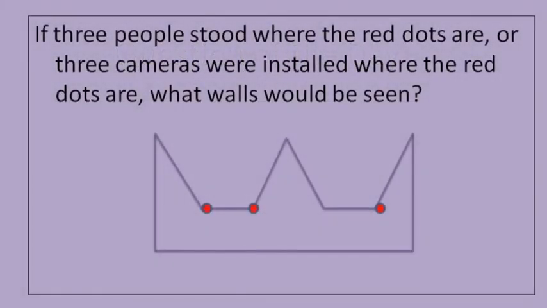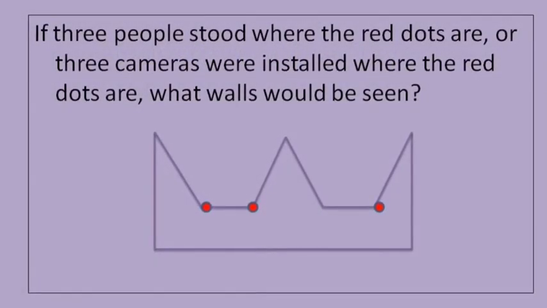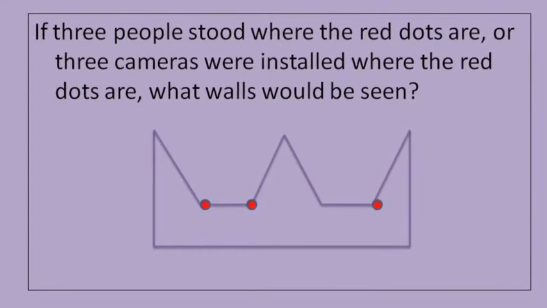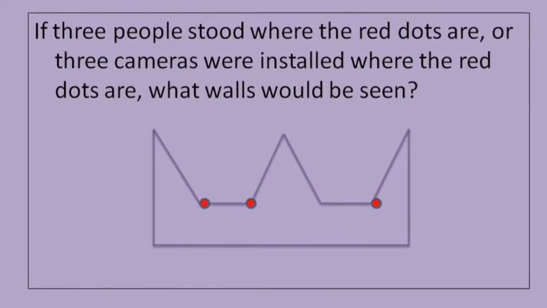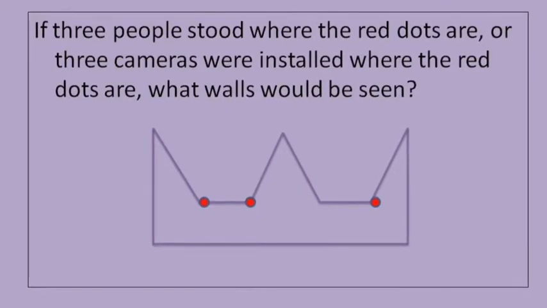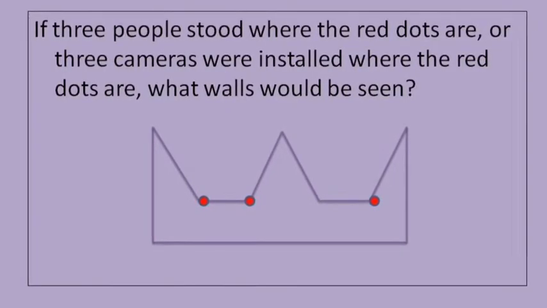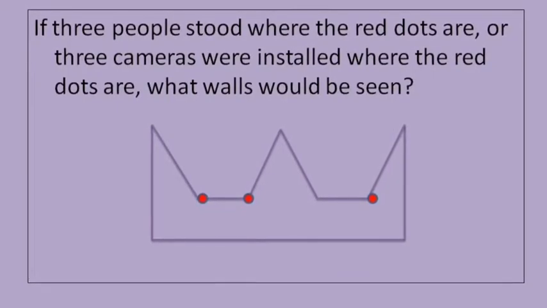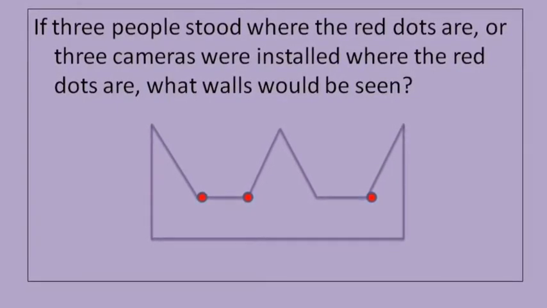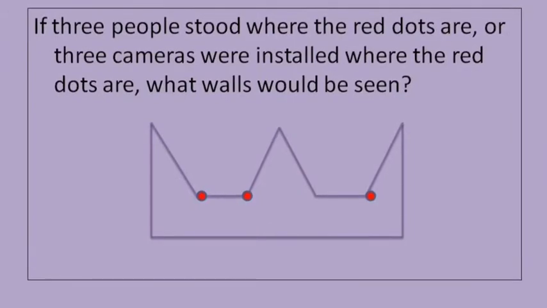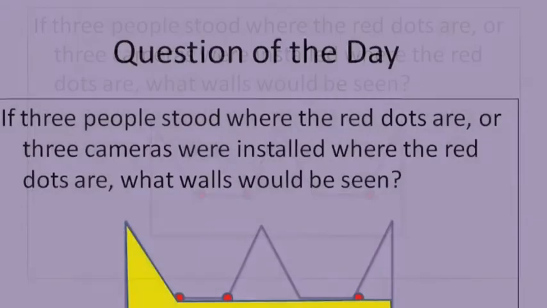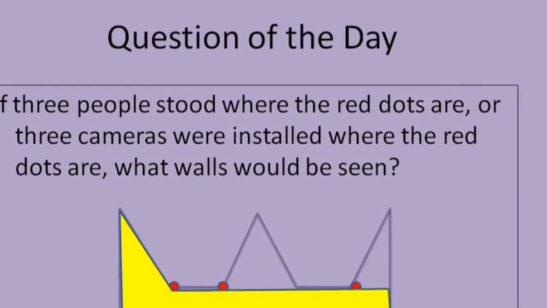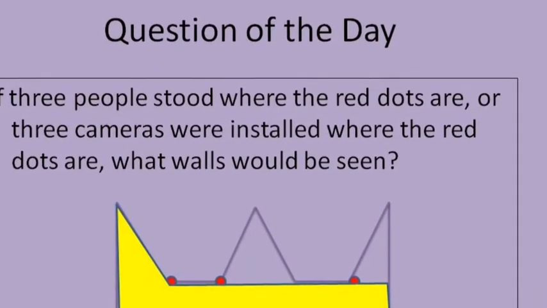Here's another question. If 3 people stood where the red dots are, or 3 cameras were installed where the red dots are, what walls would be seen? Standing in the first red dot, to the left, you would see everything that has been shaded in yellow.